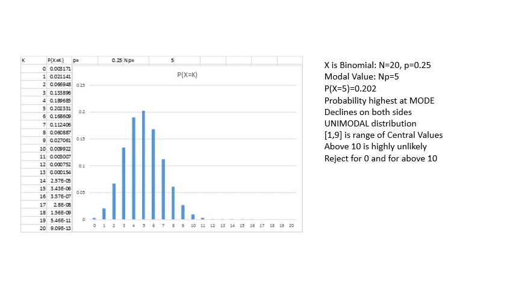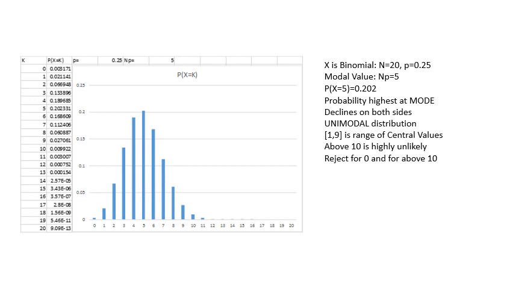In this case, the modal value is np equals 5. In 20 trials, if you have 25% success probability, then you will see 5 successes and 15 failures. These probabilities have been computed using the formula that we have developed, but implemented in Excel. So we can just put in the formula and ask it to give us the probabilities.